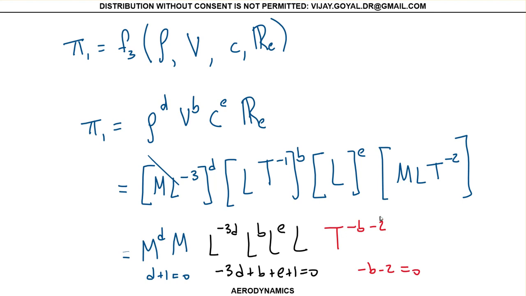Because remember, what I am doing here is adding all the coefficients together, and that's how I get this. Okay, so now I'm going to proceed to solve for these values.